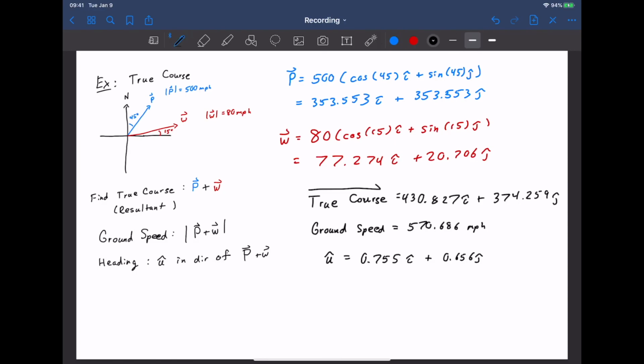And that would be the heading. So again, we would see that's mostly even still because the wind speed was so less. So the wind did not really affect it too much. It did add a bunch to our speed, but the degree was so little and the speed overall was so little that it didn't really affect our heading.